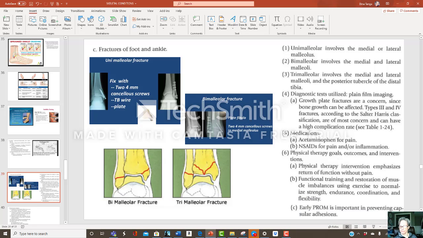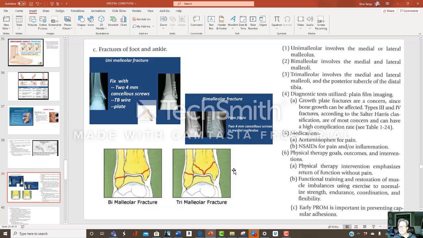Okay, so a unimalleolar fracture is going to involve the medial or lateral malleolus. Bimalleolar is going to involve the medial and lateral. Here, this is how they fix it.